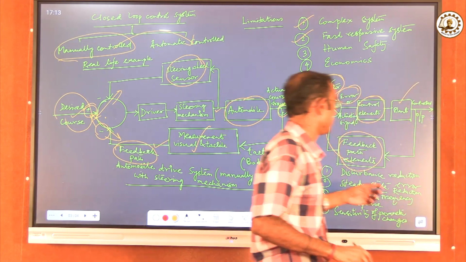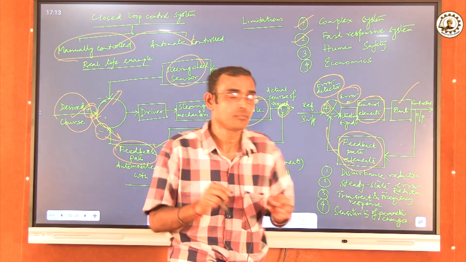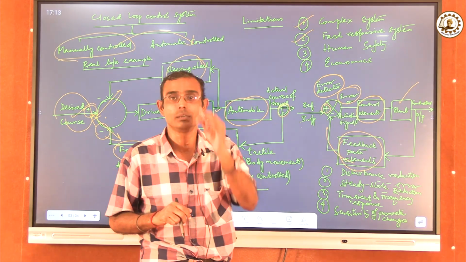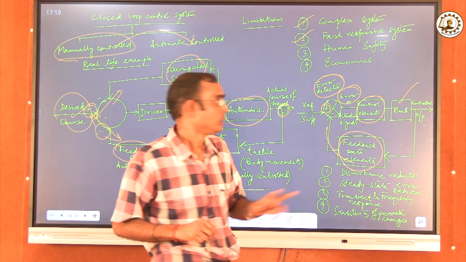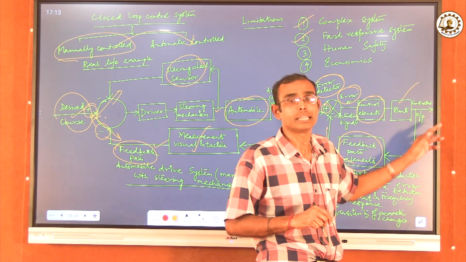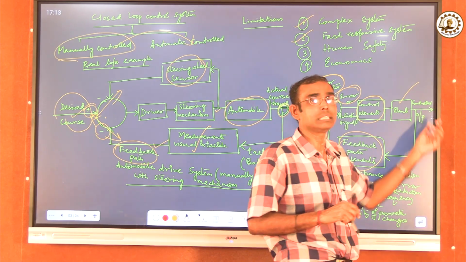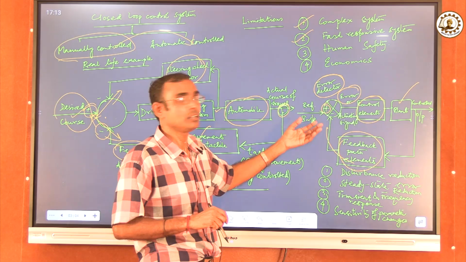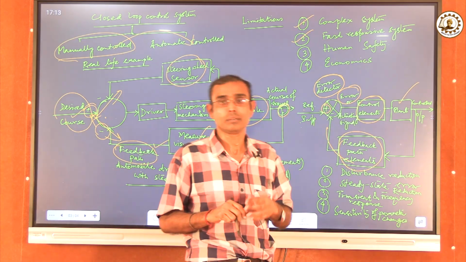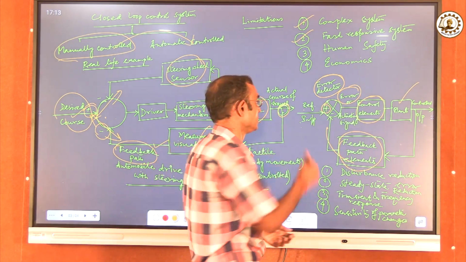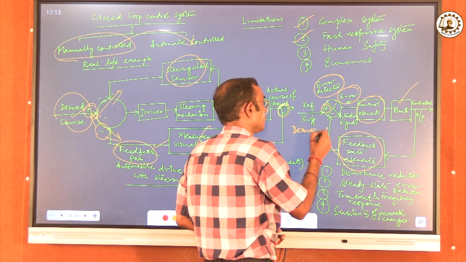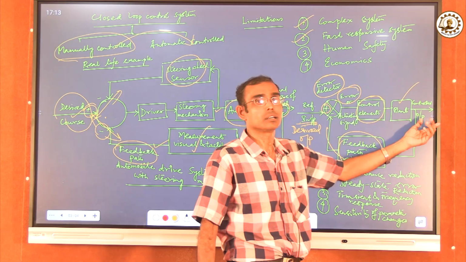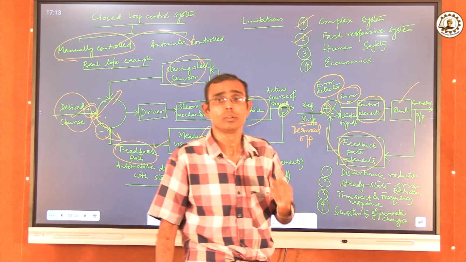Now if we want to give a solution for a control problem developing from this diagram, we need to select two things basically. The controlled output sensor, that means with what sensor we will be sensing the sample of the controlled output so that it can be fed back to the error detector to compare with the desired output. So this is the desired output which is set as reference input, and that desired output is compared with the controlled output with a sensor.